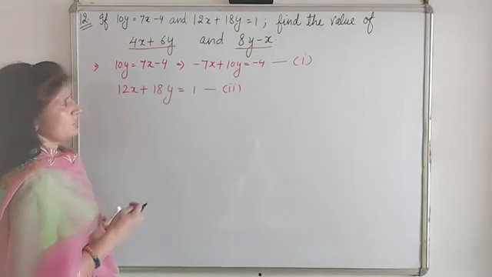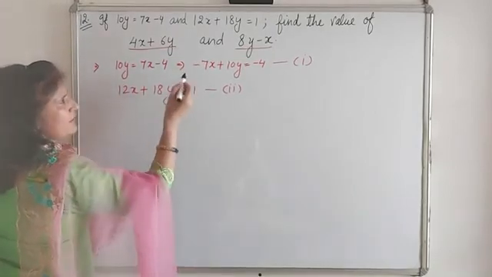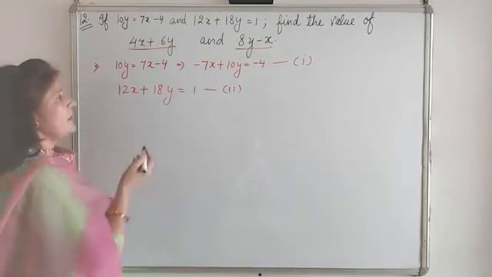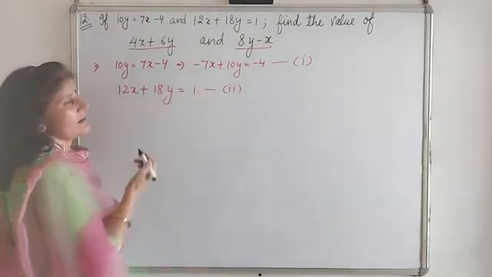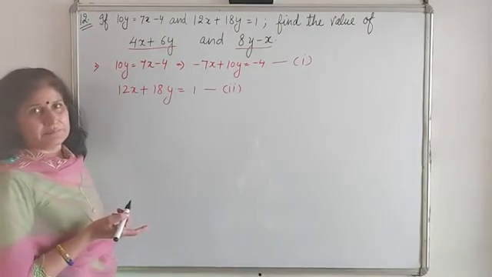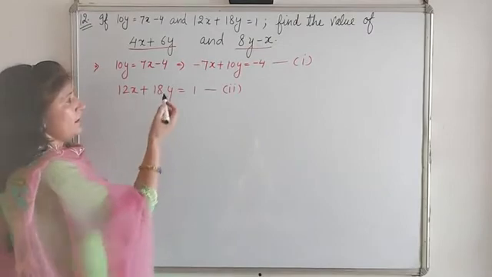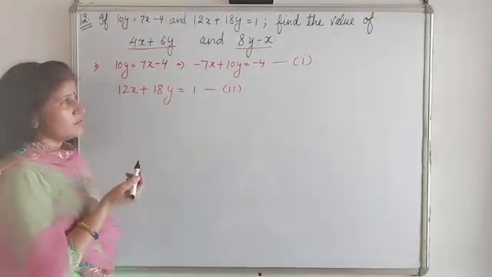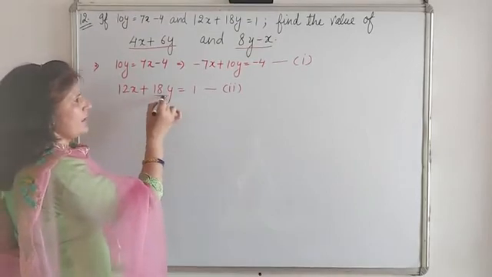If you take 12 and 7, this you multiply by 12, this by 7. And if you take 18 and 10, what is the LCM of 18 and 10? 90. Then you multiply by 5 and this by 9. So we equate y.